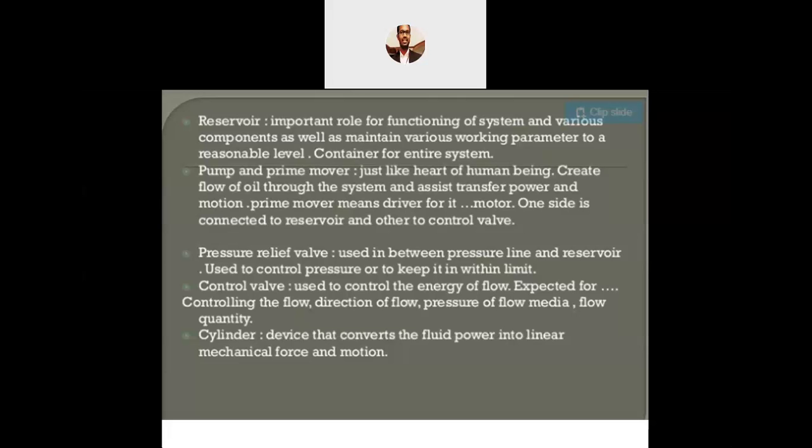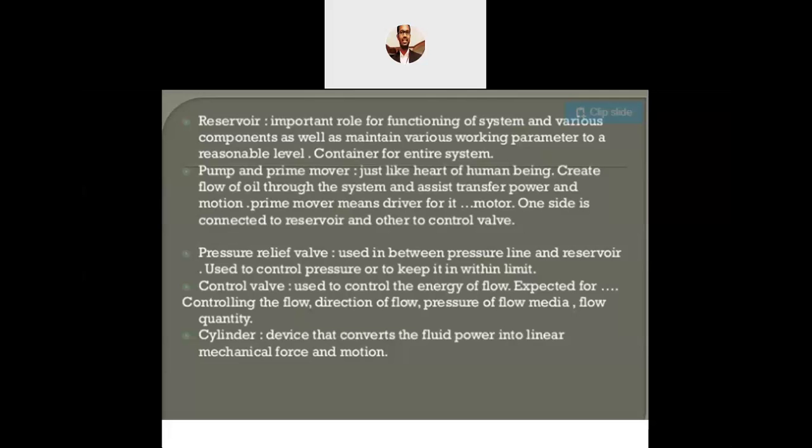An actuator is a device which converts power into mechanical power. The same work is done by the prime mover also. You can also say it as an actuator; based on the area of application, we use the notations.